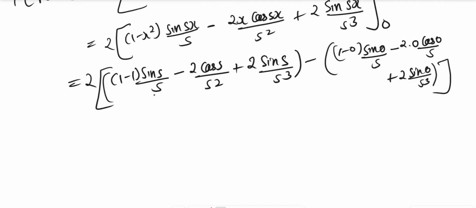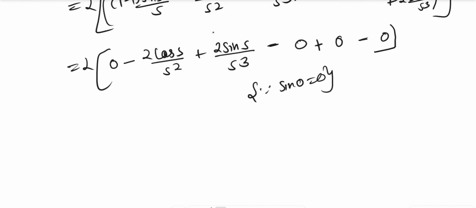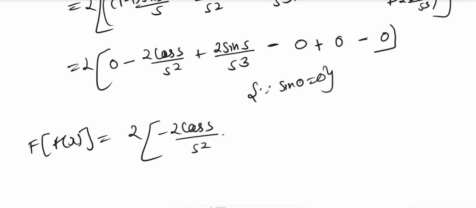Simplifying, it is 2 in bracket (1 minus 1) is 0, so this whole term is 0, minus 2 cos s divided by s square plus 2 sin s divided by s cube, minus sin 0 is 0, minus 2 multiply 0 is 0, minus sin 0 is 0, since sin 0 is equal to 0. This gives the Fourier transform of the function f(x) equal to 2 in bracket minus 2 cos s divided by s square plus 2 sin s divided by s cube.